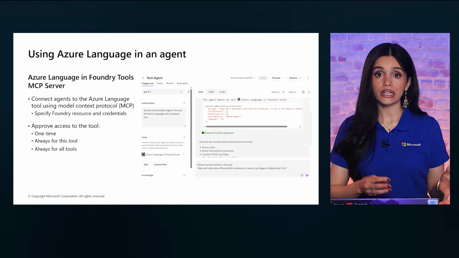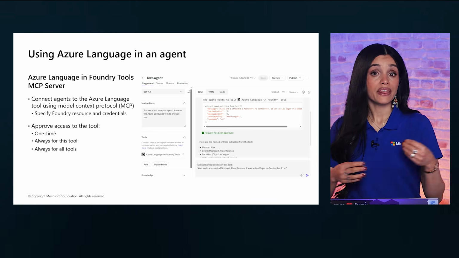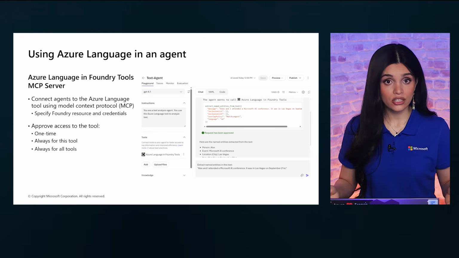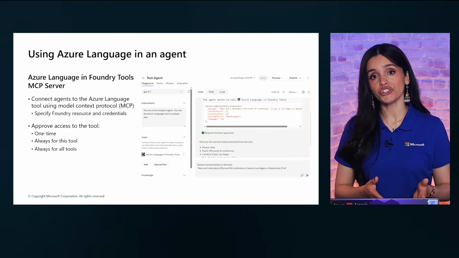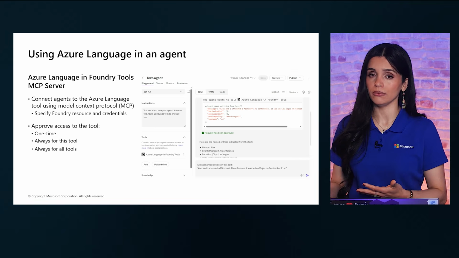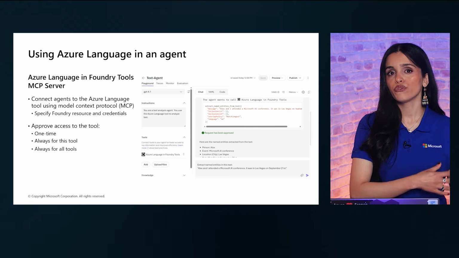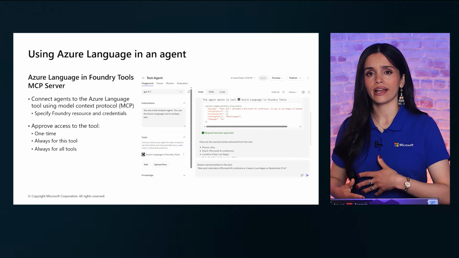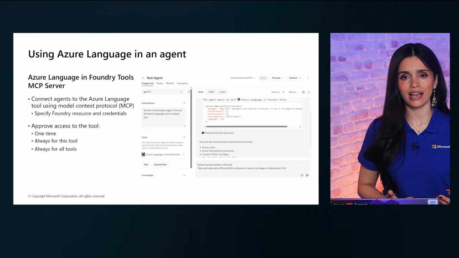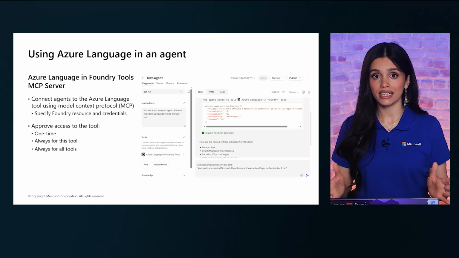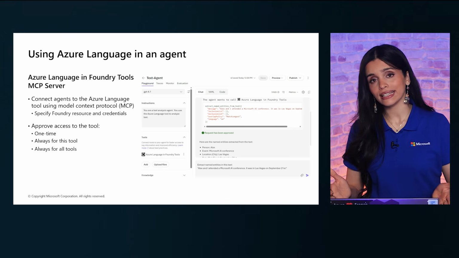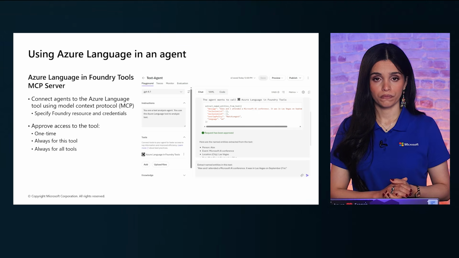Once connected, Azure Language becomes a tool the agent can call when it needs structured language analysis. For example, an agent helping with customer emails can decide to first detect the language, then check for sensitive personal data, and only then continue the conversation. All of this happens automatically inside the agent workflow.